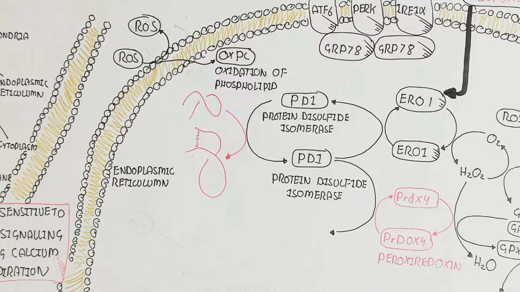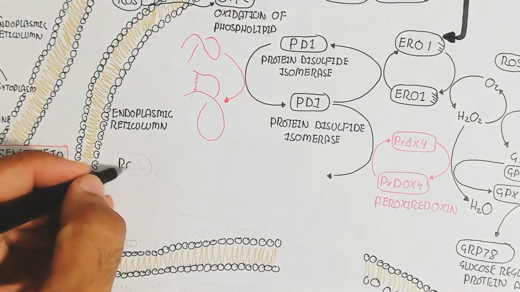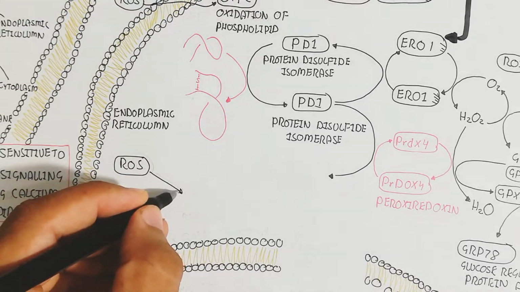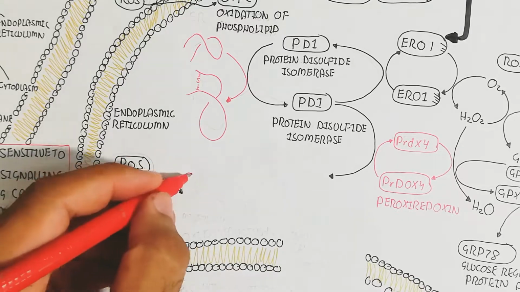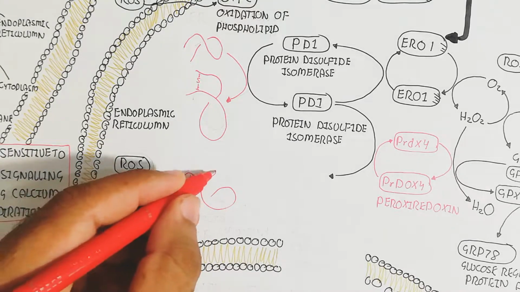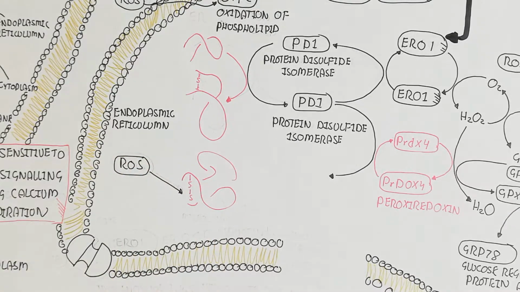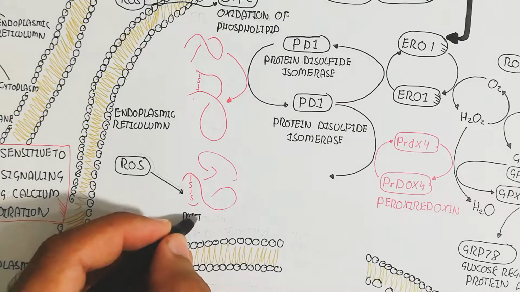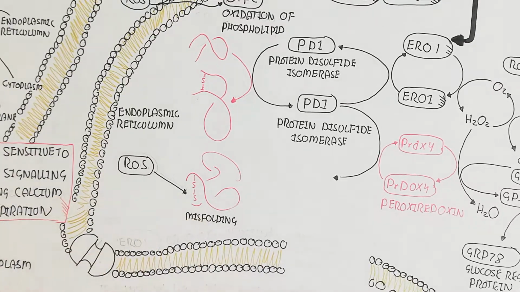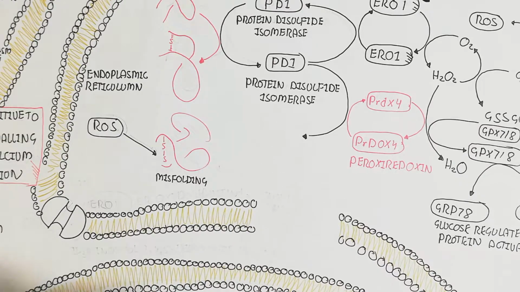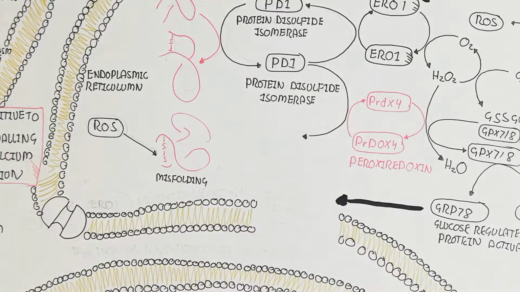While on the other hand, the protein disulfide isomerase and peroxiredoxin will be used to produce this protein, and in this case you need to understand that when reactive oxygen species increase, they will lead to misfolding.